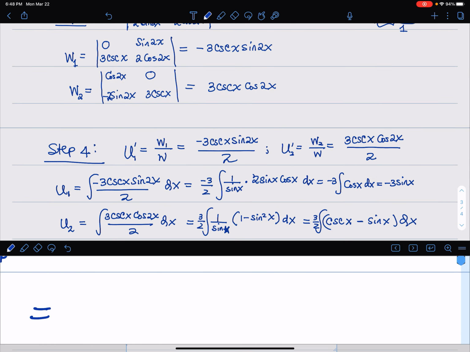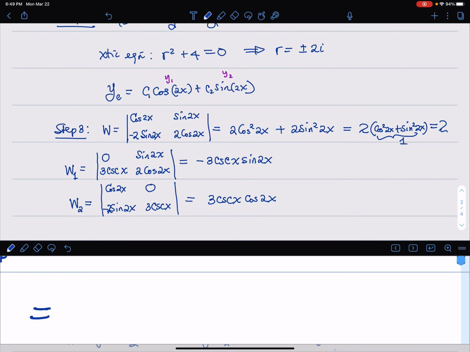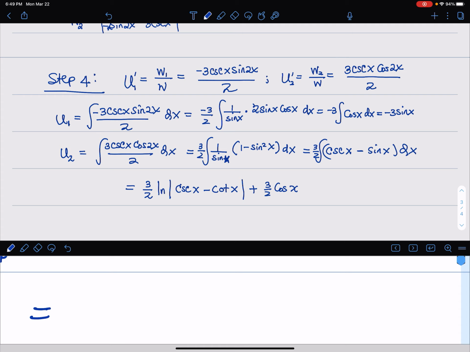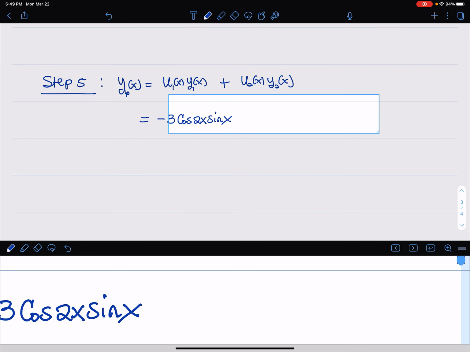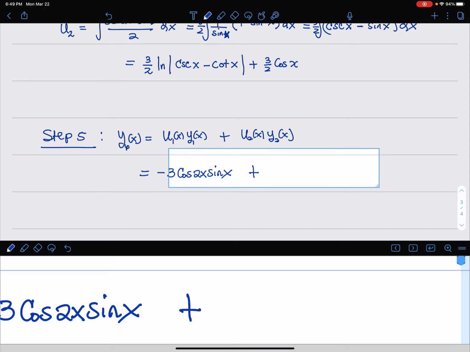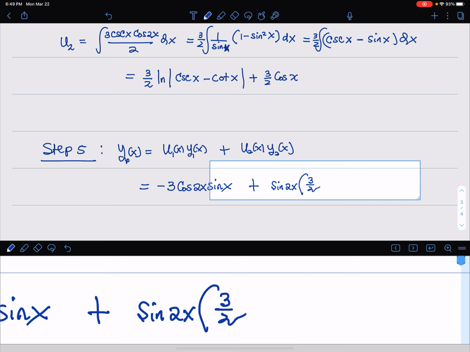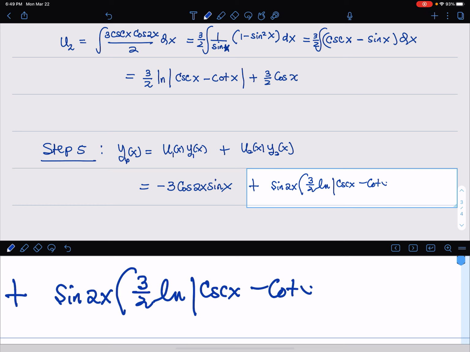y1 of x is cosine 2x. So we have negative 3 cosine 2x sine x, that's u1 times y1, plus sine 2x times this gigantic thing: natural log of cosecant of x minus cotangent of x, plus 3/2 cosecant of x.